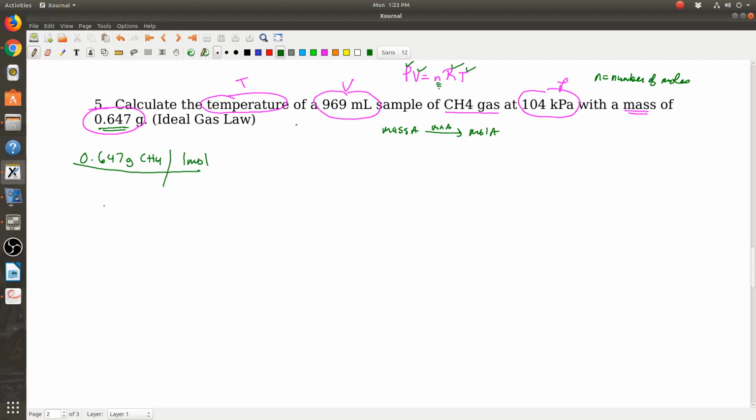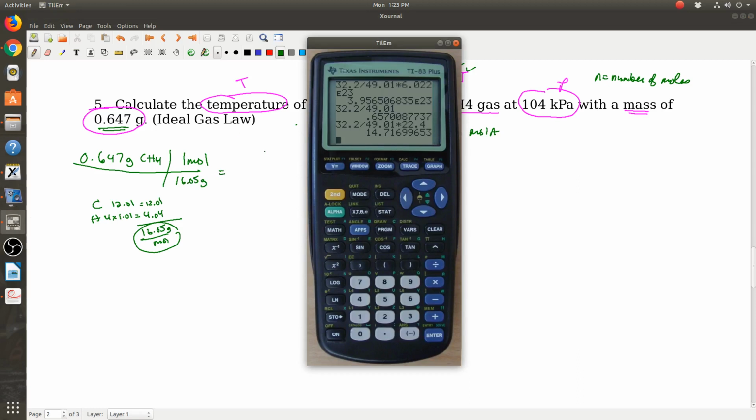Okay, so let me calculate the molar mass of methane. 1 carbon is 12.01. 4 hydrogens, that's going to be 4.04. All right, when I add those two together, I get 16.05 grams per mole. That's the molar mass. Now, this is going to be a small amount. This is not going to be a big number of moles. In fact, I'm going to go ahead and do this one on the calculator just so you can see.